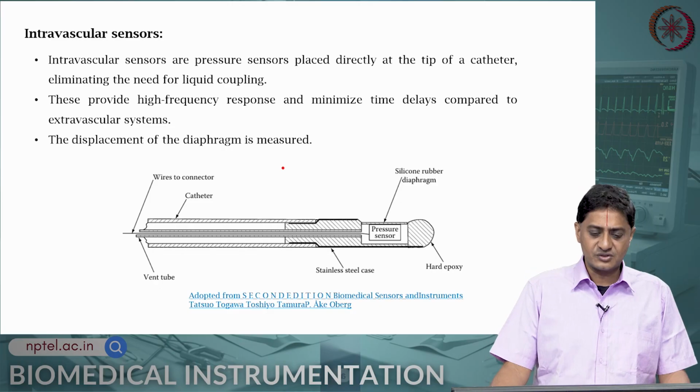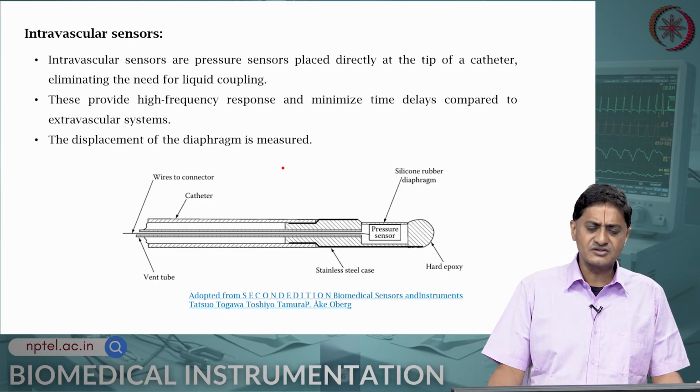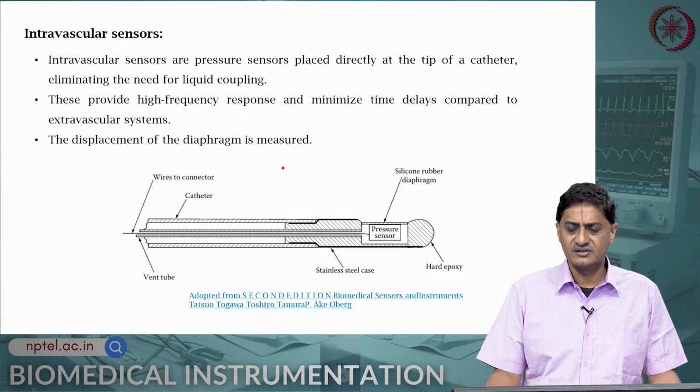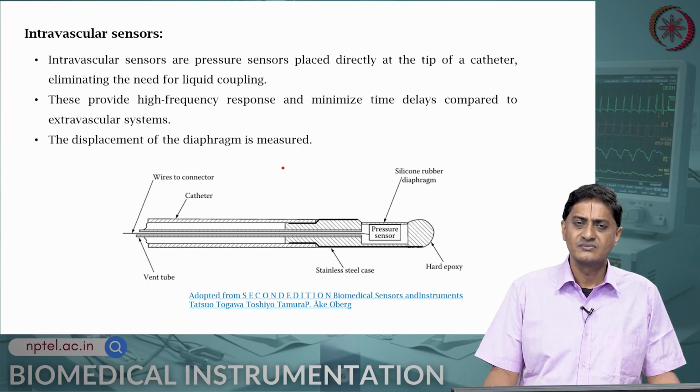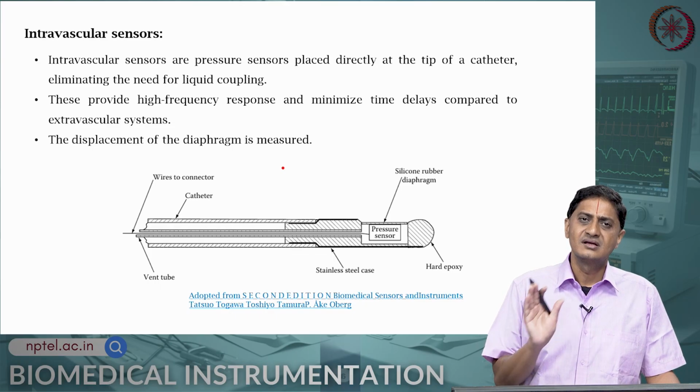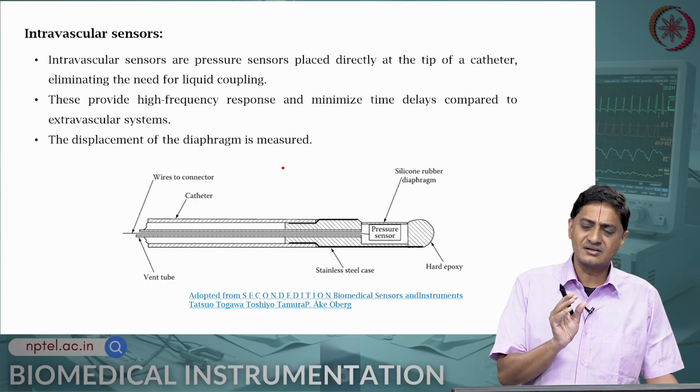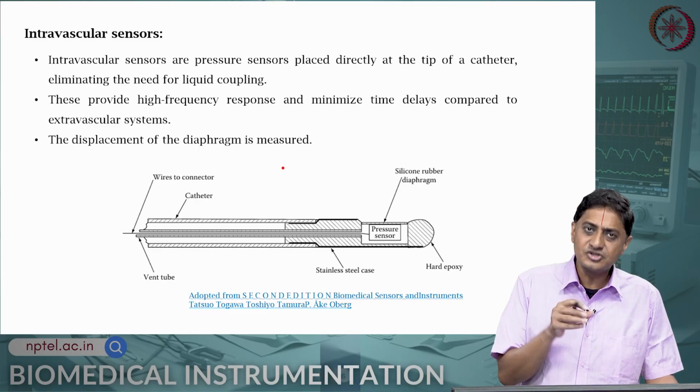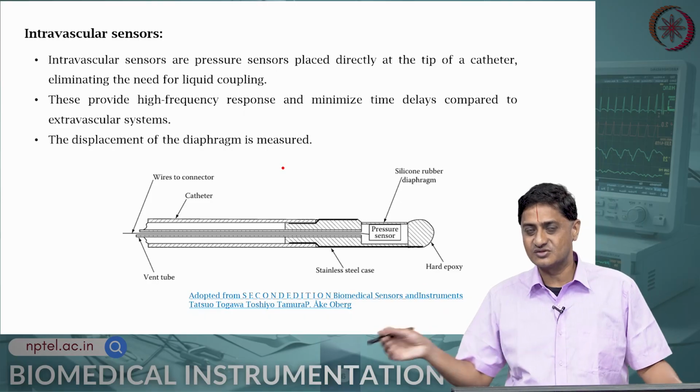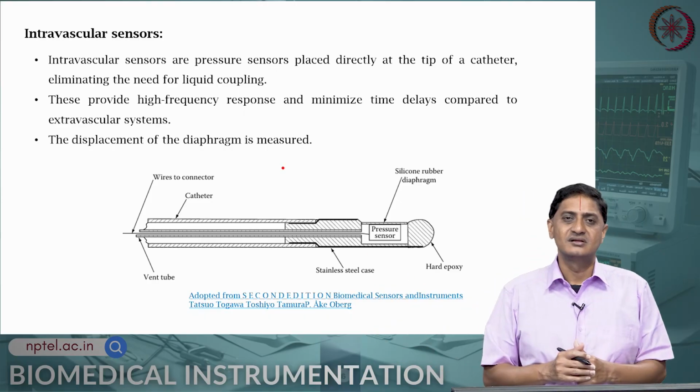One type of intravascular sensor is discussed here. Intravascular sensors are those that are placed directly at the tip of a catheter, without having a liquid or a fluid coupling the sensory tip and the measurement site. In the fluid filled catheter case, there is a liquid column that is present.